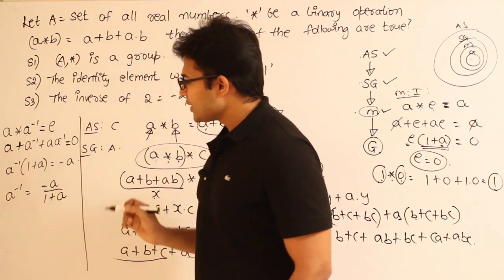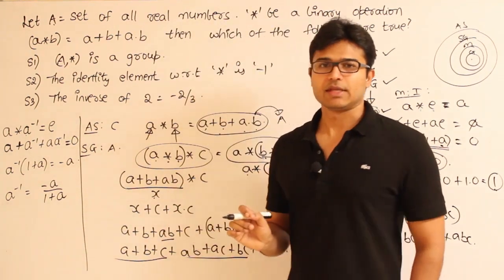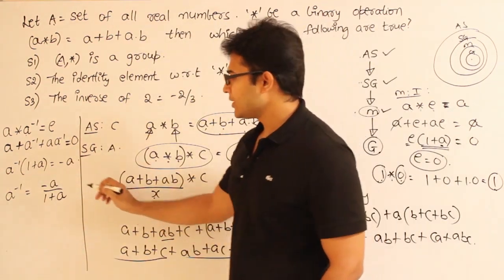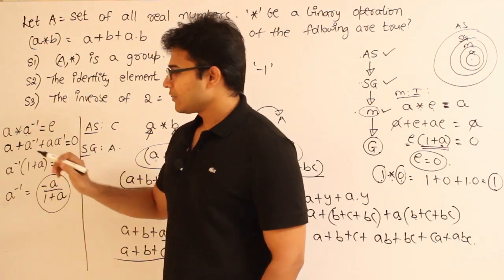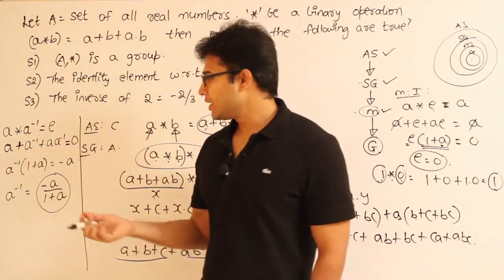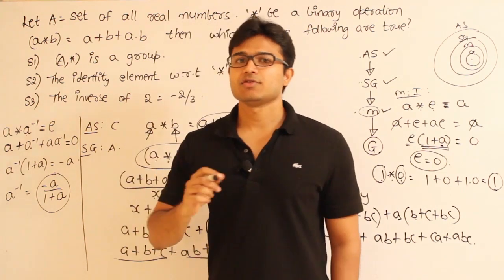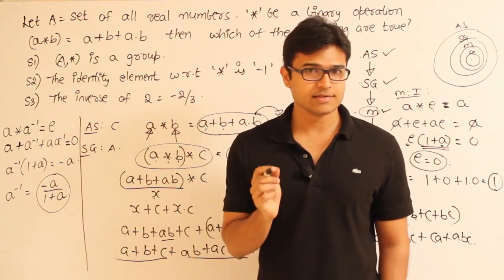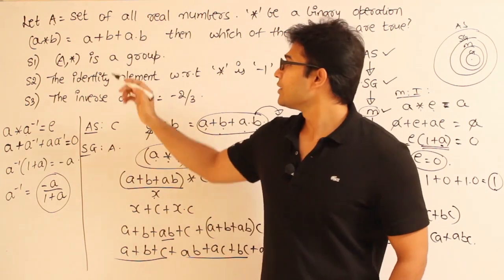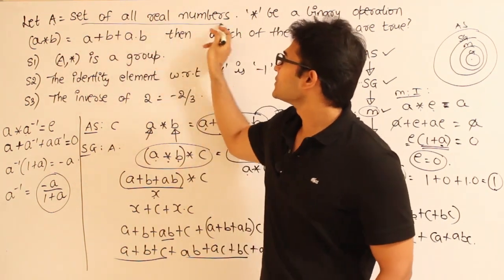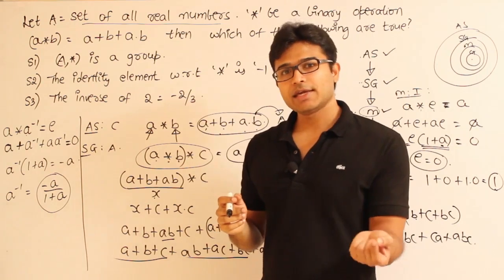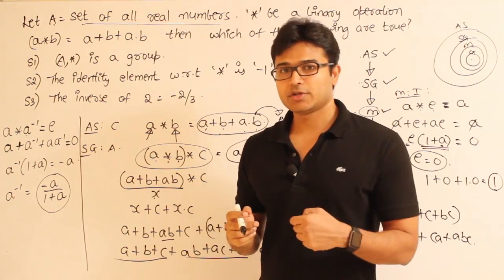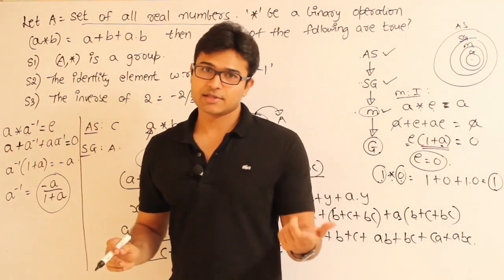Therefore, for every element a, the inverse is given by this formula. Now we should show that if a is an element, then the inverse of it will also be present in the set of all real numbers. If a is a real number, because here we are talking about the set of all real numbers, right? So you have to take any real number and you should show that the inverse will also be present in the same set.